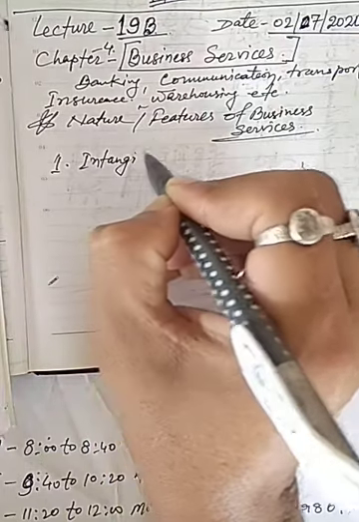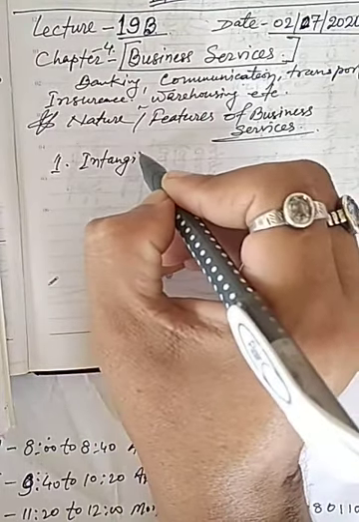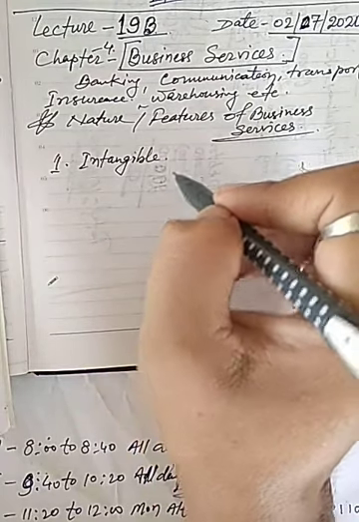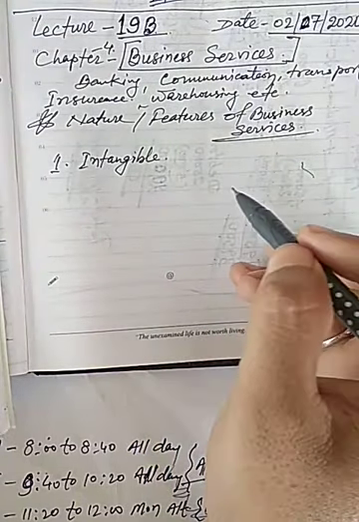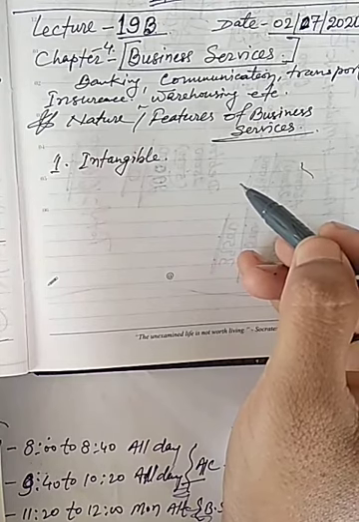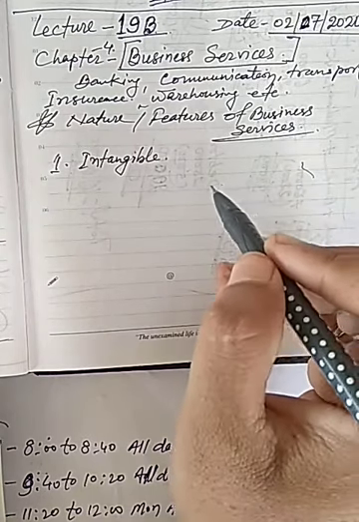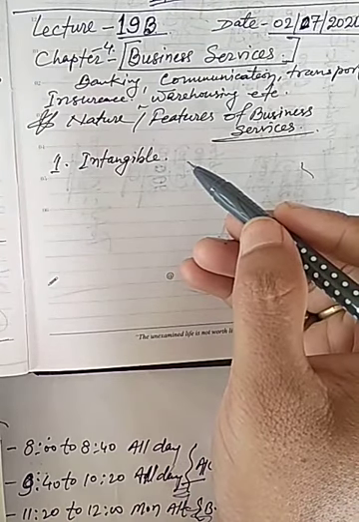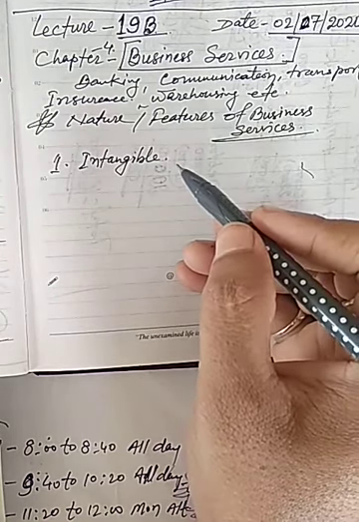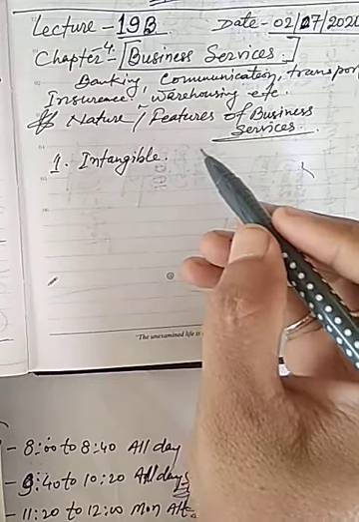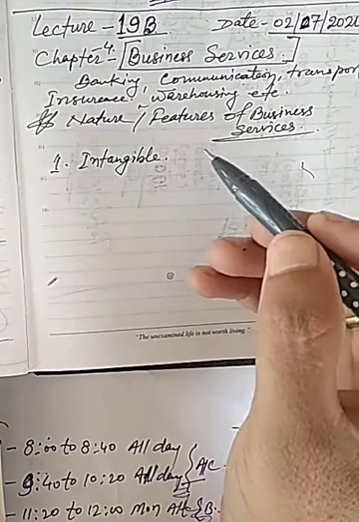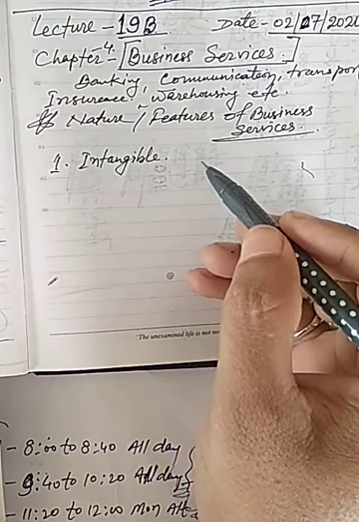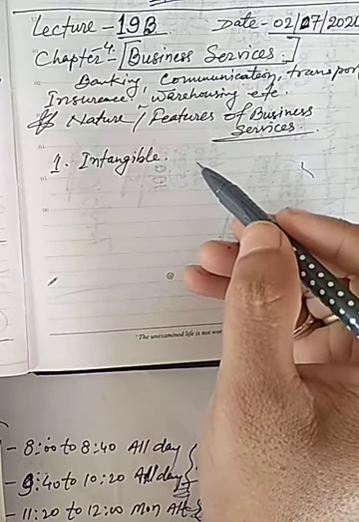Yes, student, it is intangible. We cannot see the service. We cannot touch the service. So, services are intangible. These cannot be seen or touched. We can only feel services, or one can only experience them.